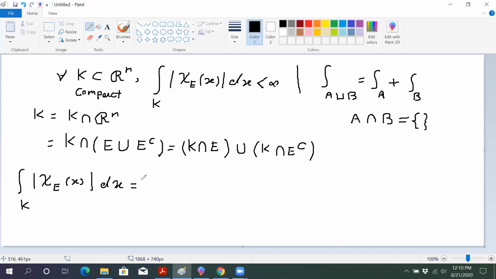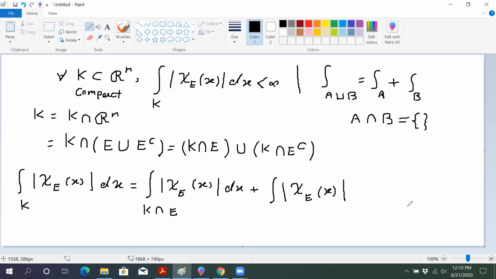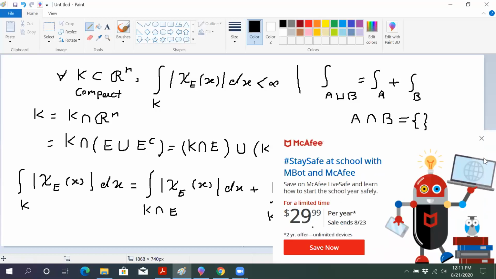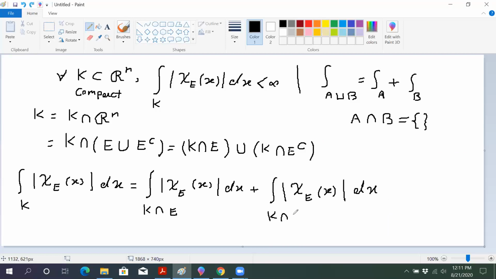So this integral will be the integral of the absolute value of chi E of x dx on K intersection E, plus the integral of the absolute value of chi E of x dx on K intersection E complement. I'm sorry for the interruption.